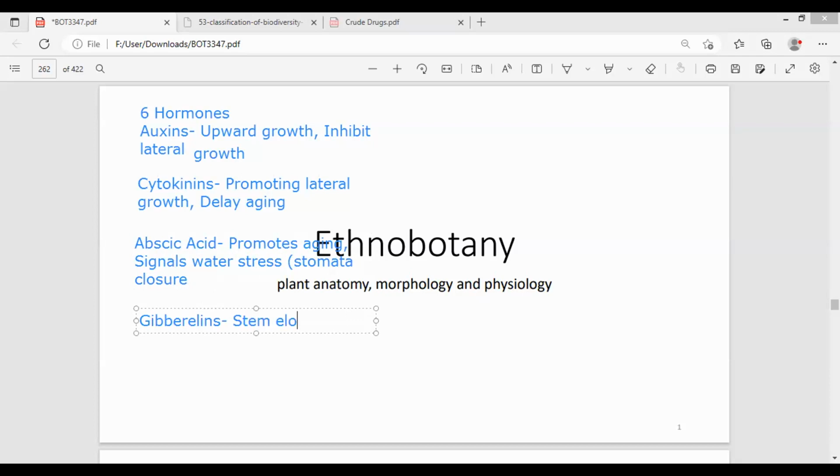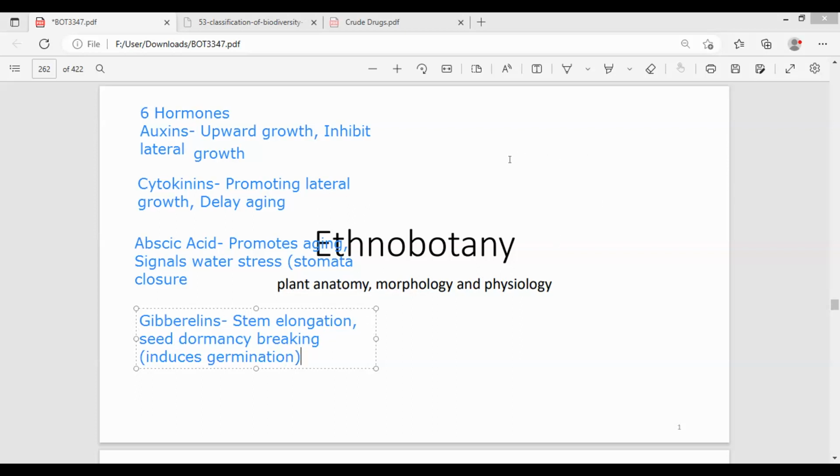Stem elongation, and number 2, most important, breaking seed dormancy. So this is what will induce germination. Those are 1, 2, 3, 4.